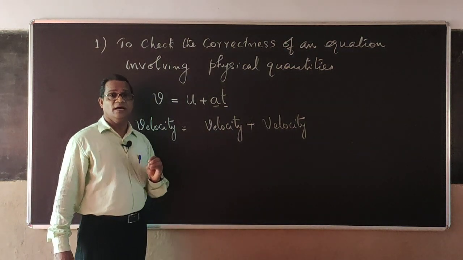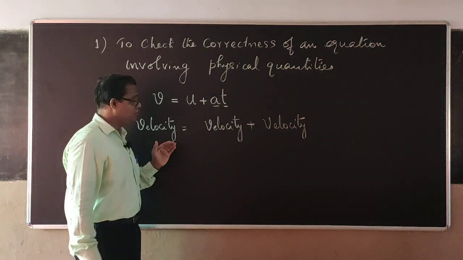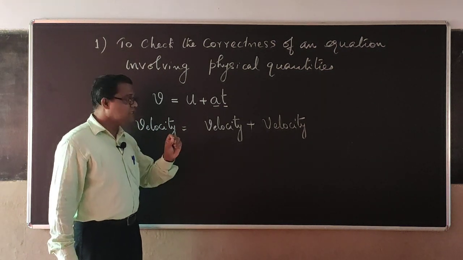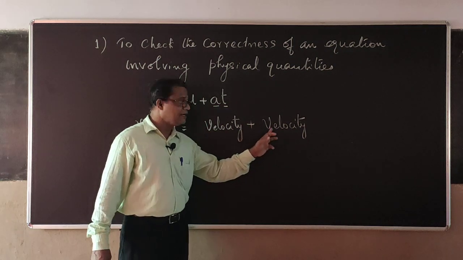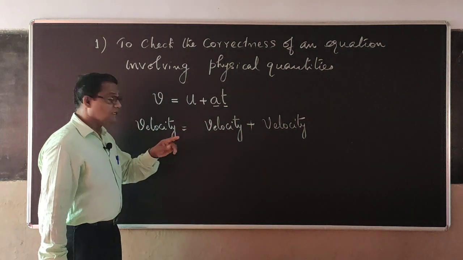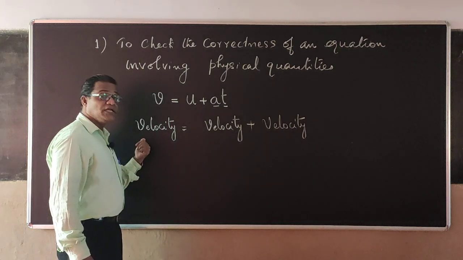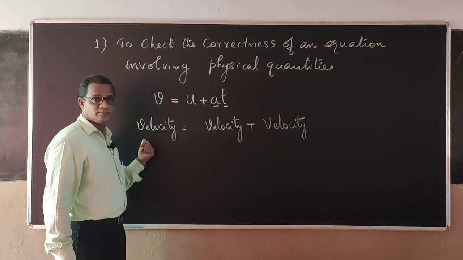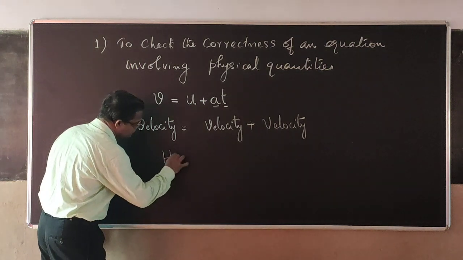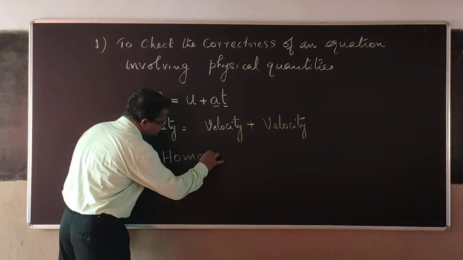This is a very important thing to be kept in mind relating to equations in physics. Like quantities are to be added or subtracted, and like quantities are equated. This criteria is called homogeneity.